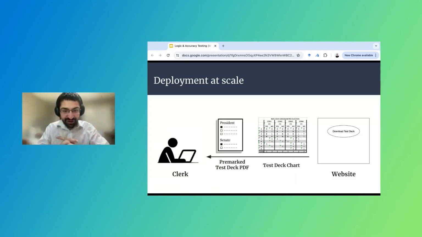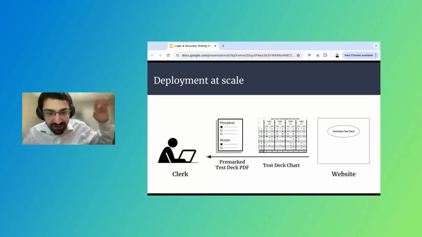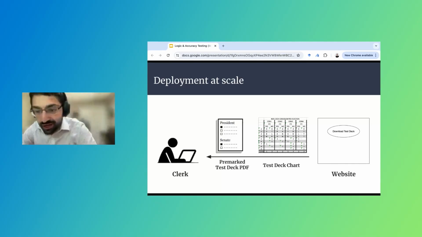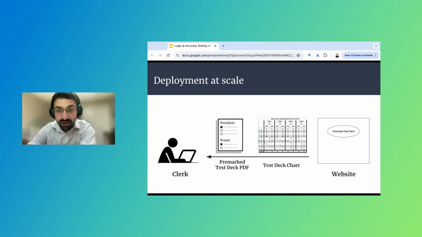You observe the LNA testing, and you can see the test deck they're physically using, and put it into our open source code to check whether it indeed has the security guarantee that we say it should. It's open source, so you can even check that code yourself. That's how you can independently verify that the output of the website is correct.